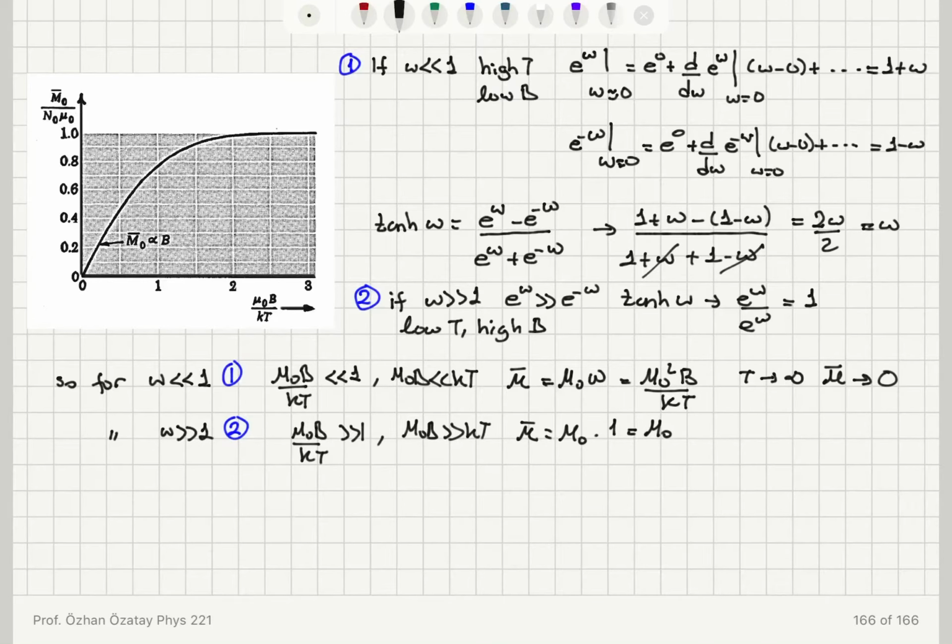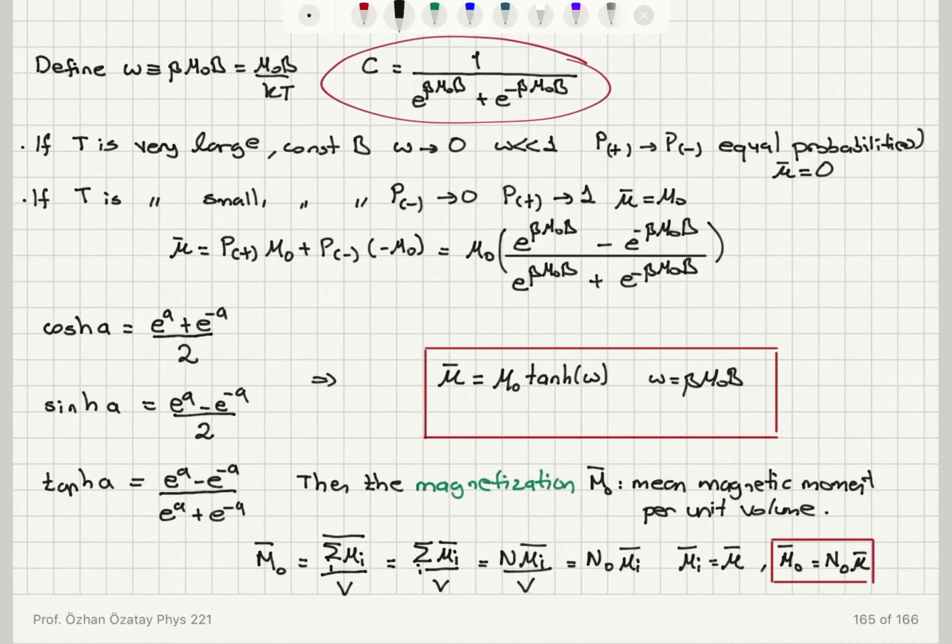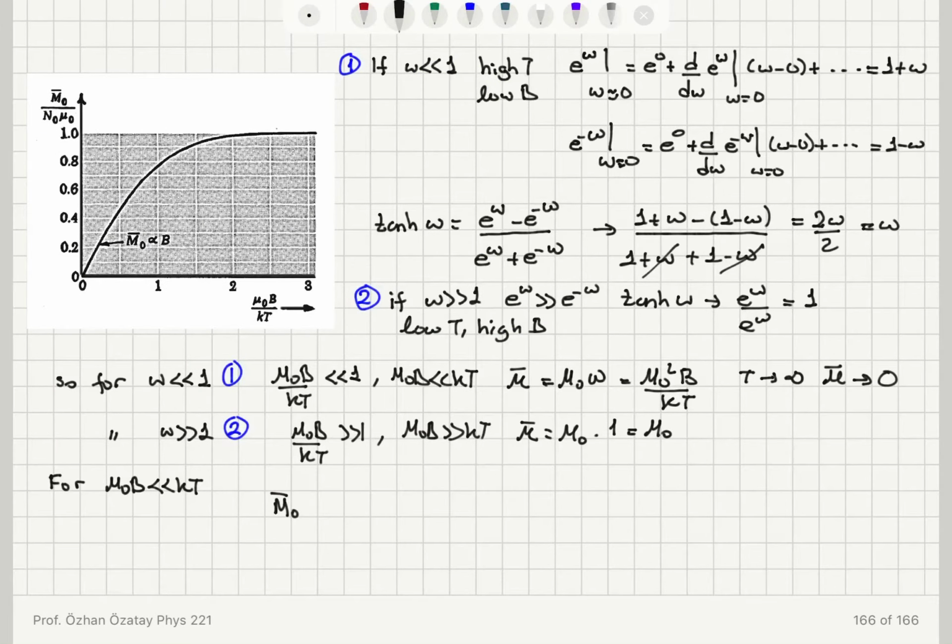So in the first case, for mu 0 B much less than kT, if I look at the average magnetic moment per unit volume, that is magnetization, it is n0 times mu bar, and that is going to be n0, number of magnetic atoms per unit volume, mu 0 squared B divided by kT.